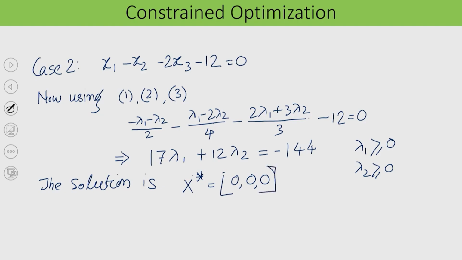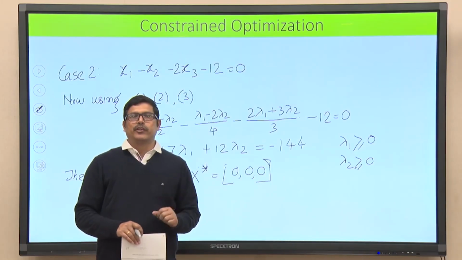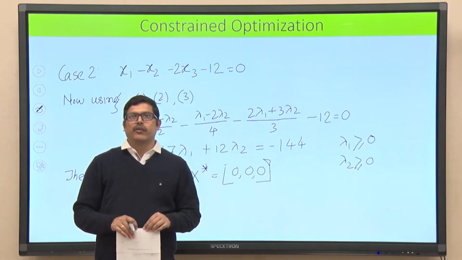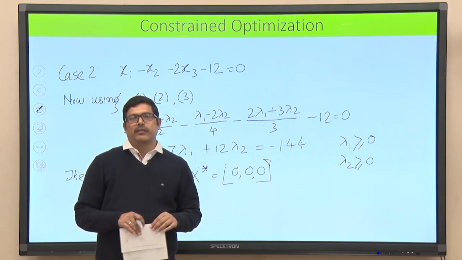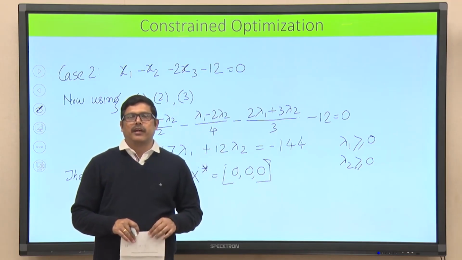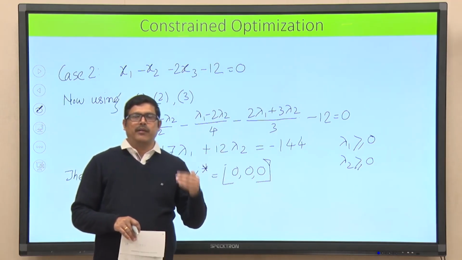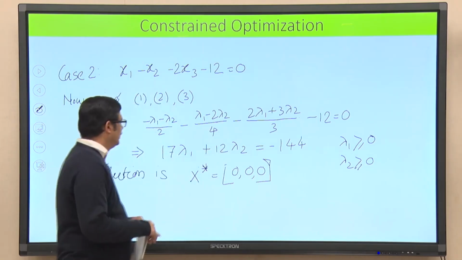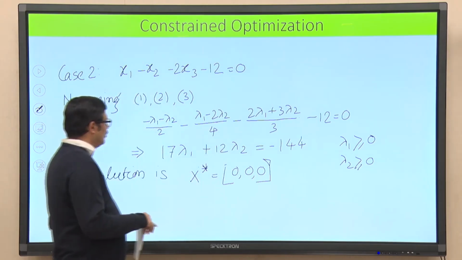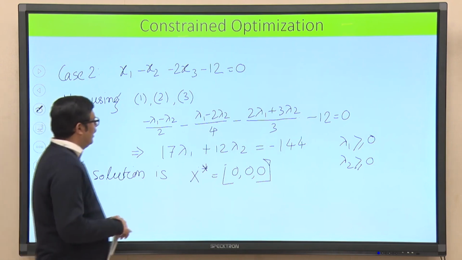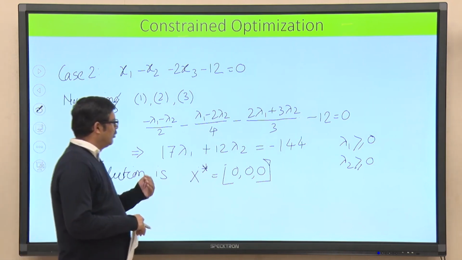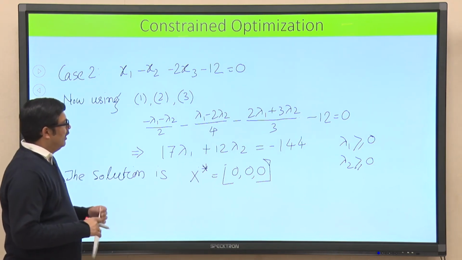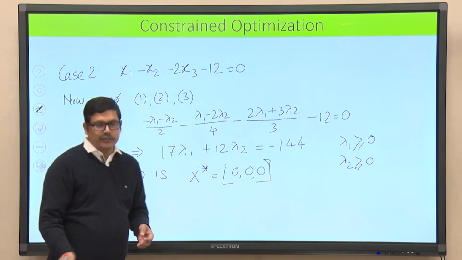So, this is the solution of this particular problem, and this solution, x1 equal to 0, x2 equal to 0 and x3 equal to 0, satisfies all the Kuntakar conditions, including that lambda 1 and lambda 2 are greater than 0. Therefore, this is the possible solution, and the solution of this particular problem is x1 equal to 0, x2 equal to 0 and x3 equal to 0.